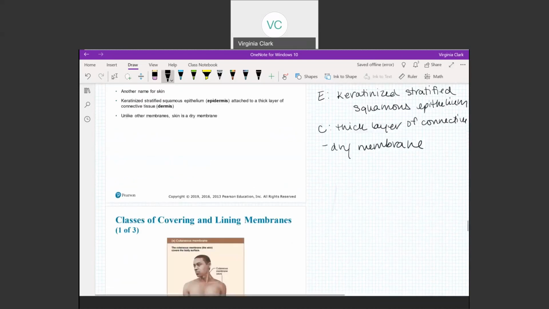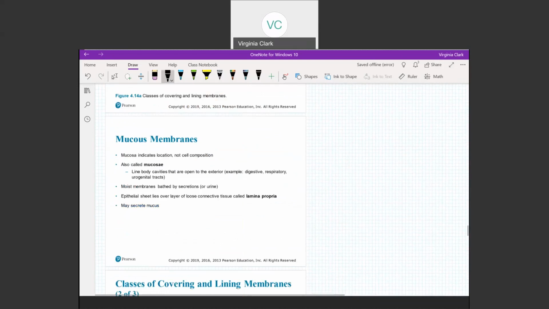So here's your skin. Another type is going to be your mucous membranes, and these are sometimes called mucosa. These are going to be wet membranes. So they're all going to have some sort of liquid or mucus or secretions, but they're going to be moist or wet membranes.